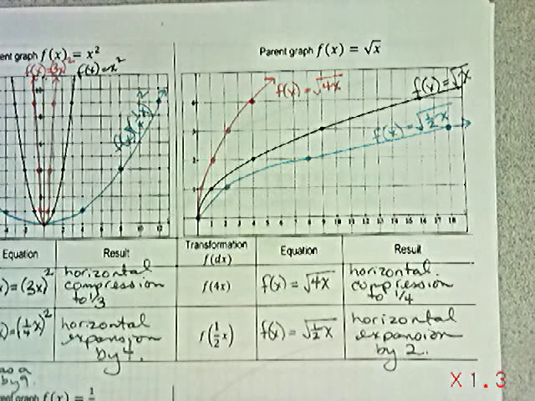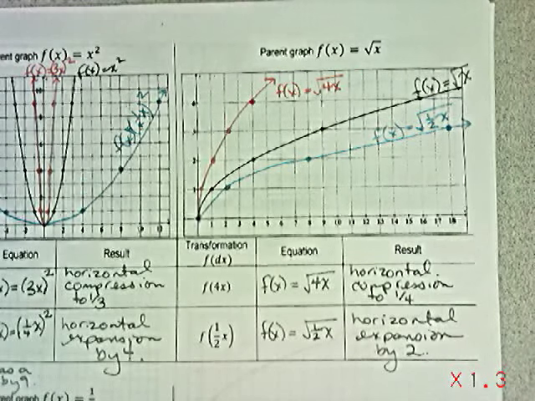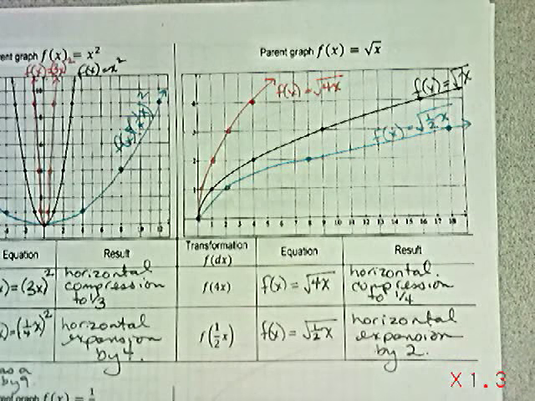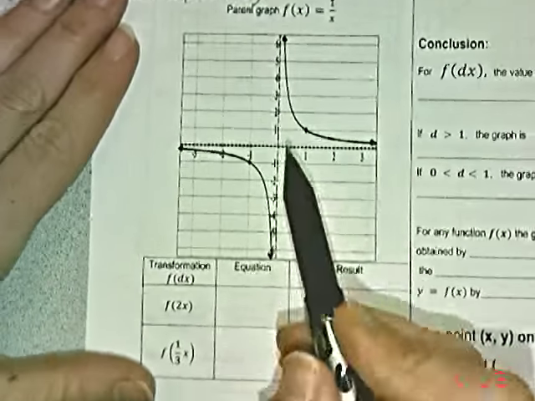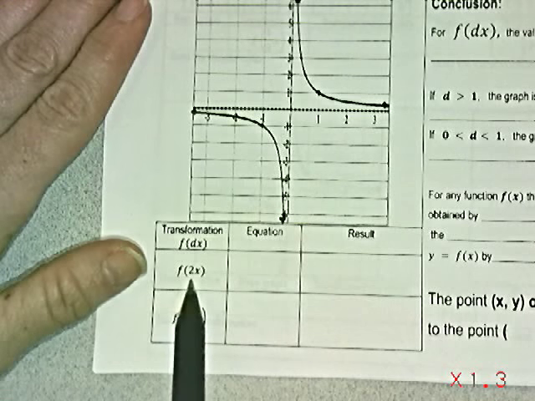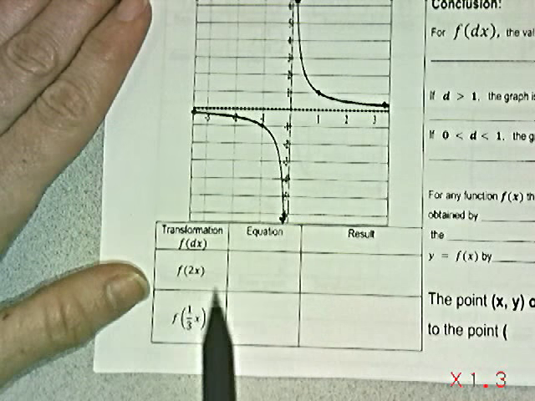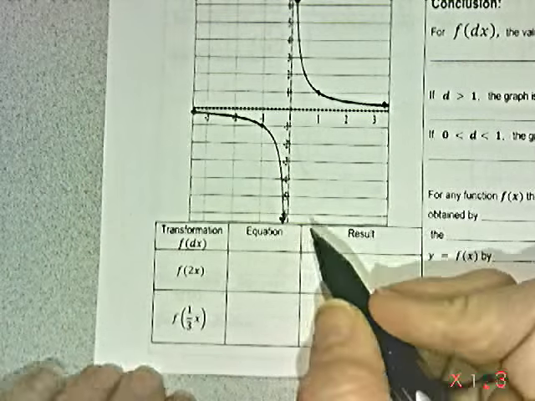So let's take our last look at what occurs with my rational function. Pull this up. Okay, we have our rational function here, and we want to put a 2 inside my rational function and a third inside my rational function.